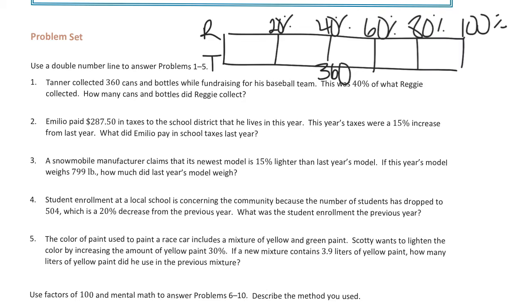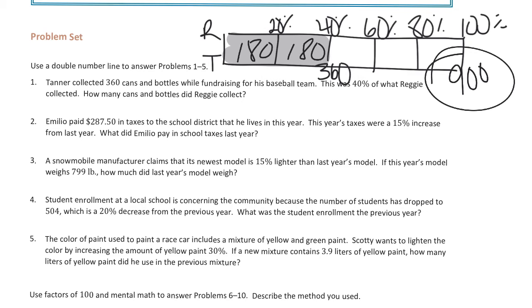So that means that this part of it represents 360. So each box is 180. So 180 times 5 tells me what 100% would be, because there's 5 boxes there. So 100% would be 900. So Reggie had 900.